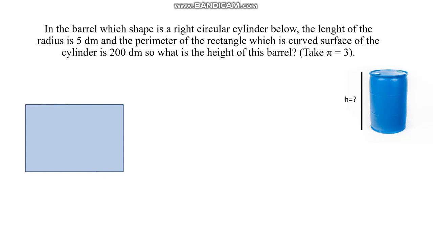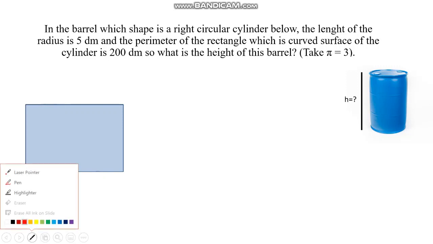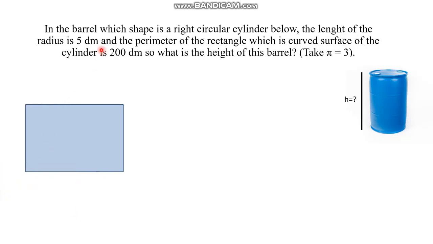Let's focus on the second question together. In the barrel, which is a right circular cylinder, the length of the radius is 5 decimeters and the perimeter of the rectangle, which is the curved surface of the cylinder, is 200 decimeters. So what is the height of this barrel?